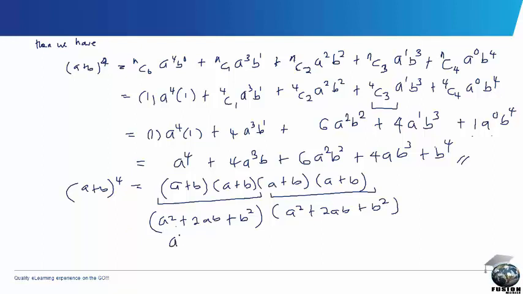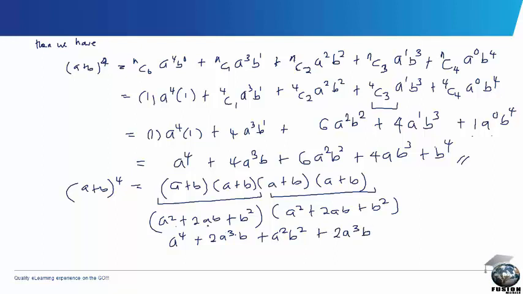A times a gives a raised to the power 4. The powers, we just add indices. A times 2ab will give us plus 2a raised to the power 3, the powers will add, b, and then a times b squared will give us a squared b squared. 2ab times a will give us 2a cube b.